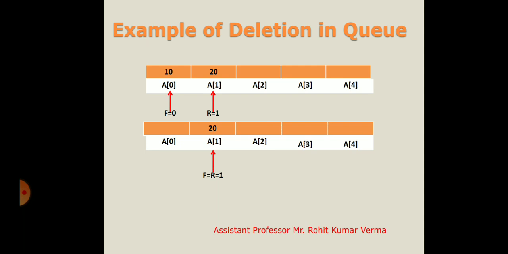So what can we learn in case of insert and delete operations in a queue? In case of insert operation, our focus is on the rear pointer, but in case of deletion operation, our focus is on the front pointer.